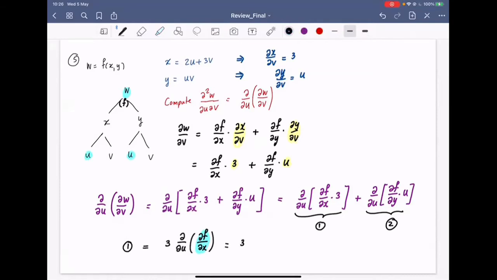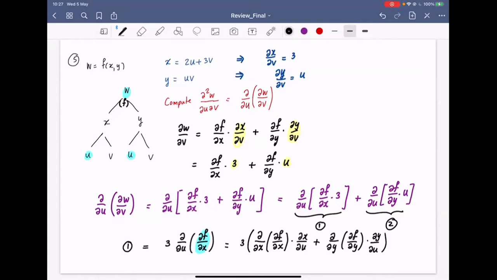It's going to be differentiate with respect to x first of that green term, curl f by curl x, times curl x by curl u, plus differentiate with respect to y, curl f by curl y, times curl y by curl u.